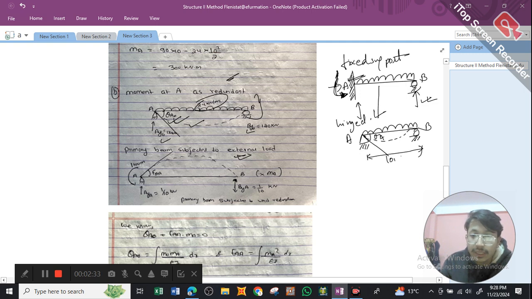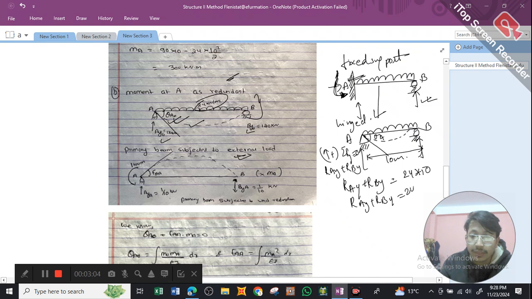There are only two forces acting upward, so the force will be divided equally. We can write the reaction at A, RAY plus RBY equals 24 into 10. We can take any relation for forces acting upward or downward: RAY plus RBY equals 240.